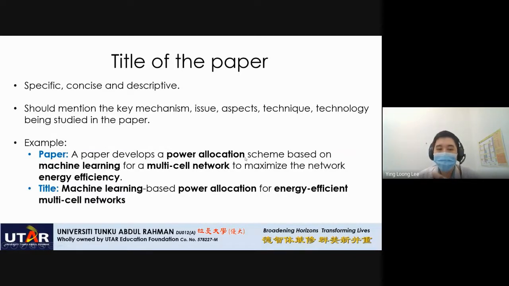The technique behind the mechanism, machine learning, the system model, the technology, the multi-cell network, and the aspect or the issue that you want to solve, energy efficiency. So you can have a title like machine learning based power allocation for energy efficient multi-cell networks.